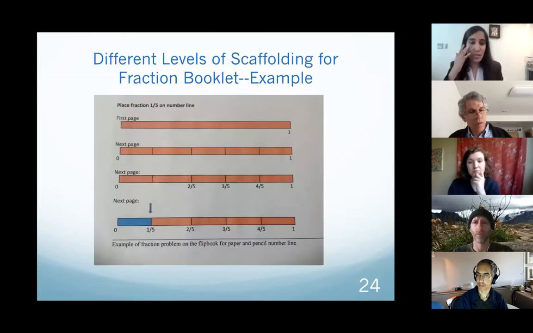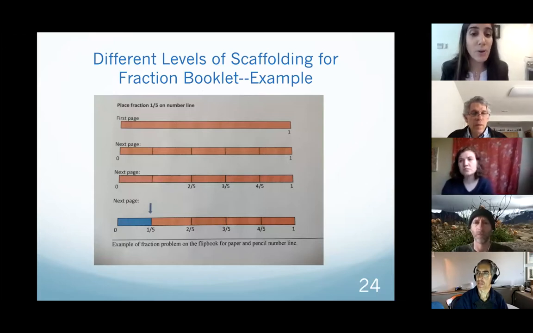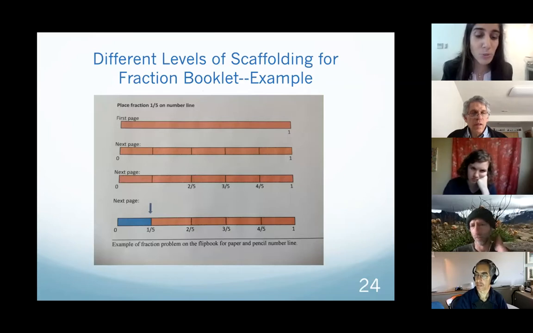So this is an example for the two-dimensional group, and I used the same kind of scaffolds as I used earlier, where if they got it wrong, there was an arrow drawn. If they got it wrong, then segmentation was shown to them, next labels, and then after that, the fraction was shown with an arrow.